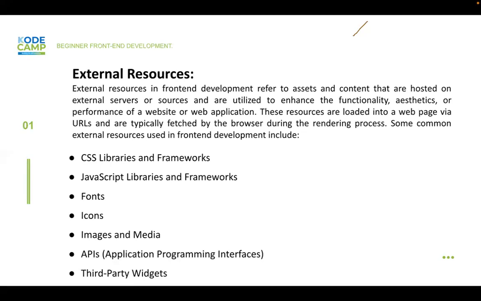We have APIs also, which push for that interface. This is basically used when you're working with data. For example, you're building an e-commerce website, and you have a backend developer who is handling the data, like all of the stock, maybe the clothes, let's say it's for fashion, and all the different types of clothes.